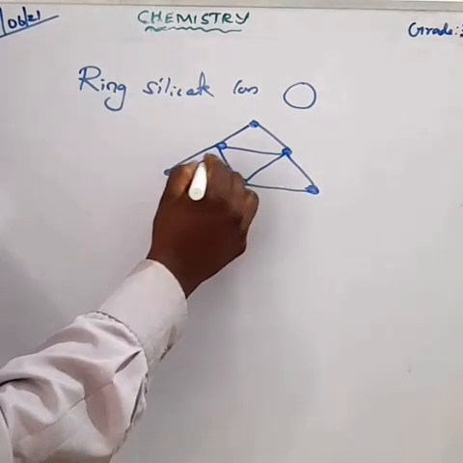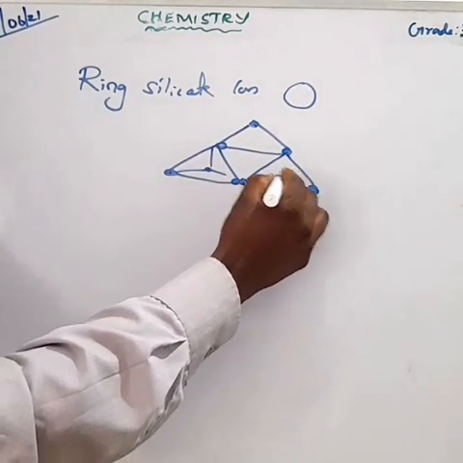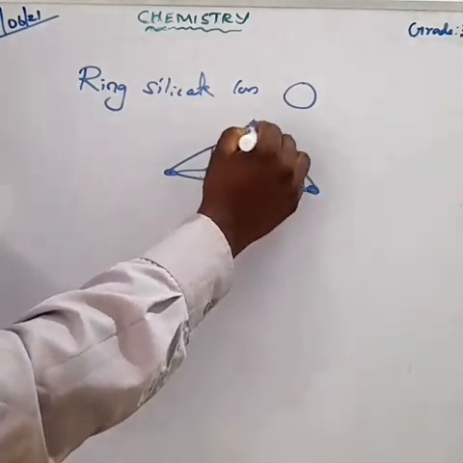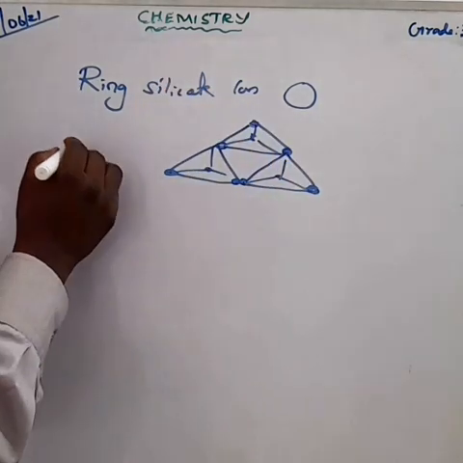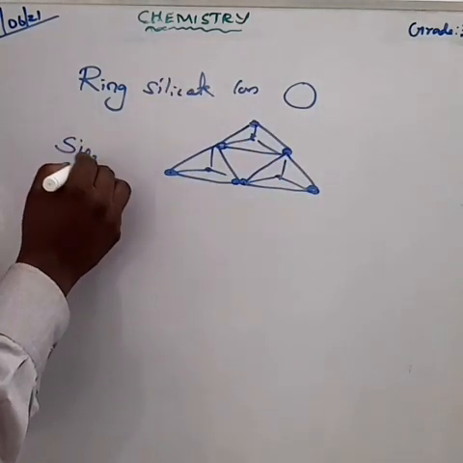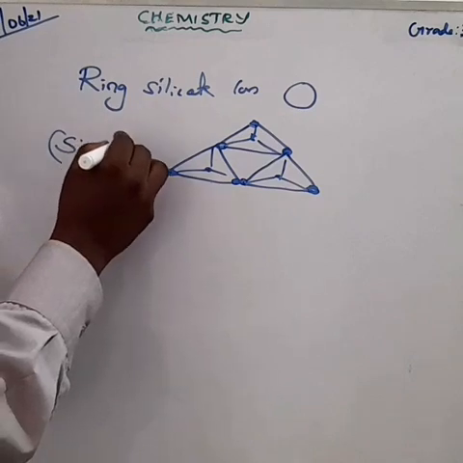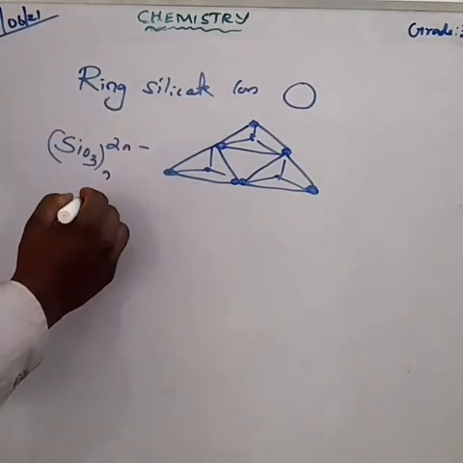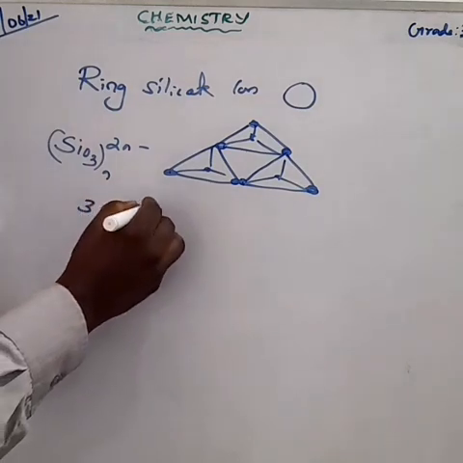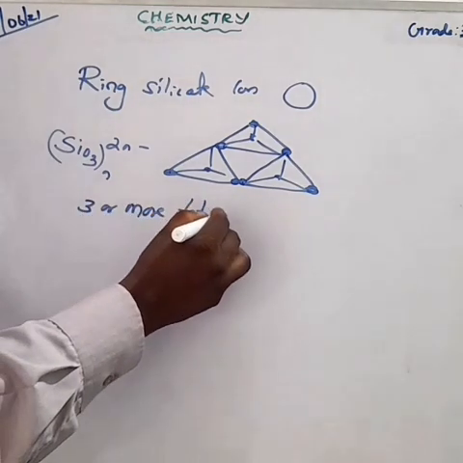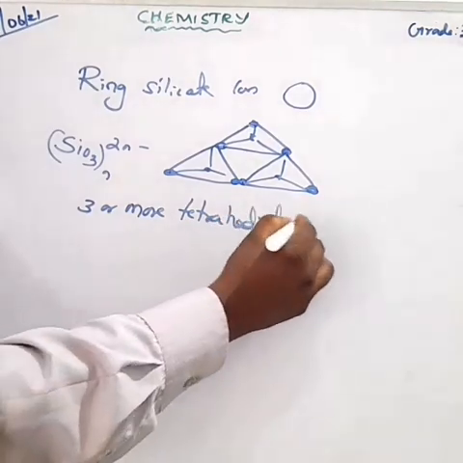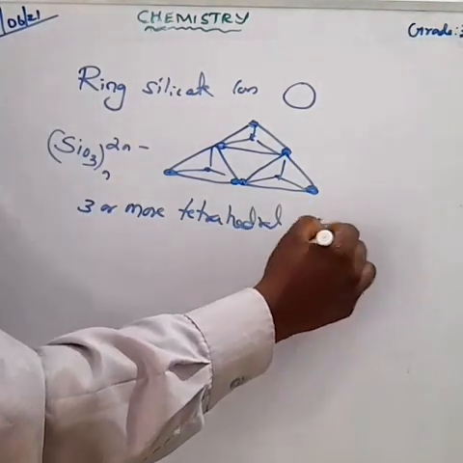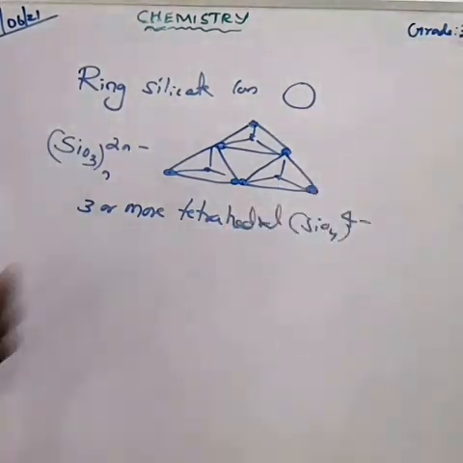Am I right? Cyclic silicate contains SiO3 to the 2n minus ion. They are formed by the linking of 3 or more tetrahedral SiO4 4 minus units cyclically, and are called cyclic silicate.